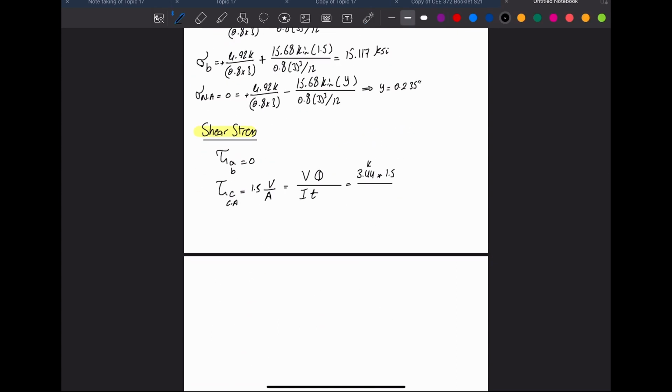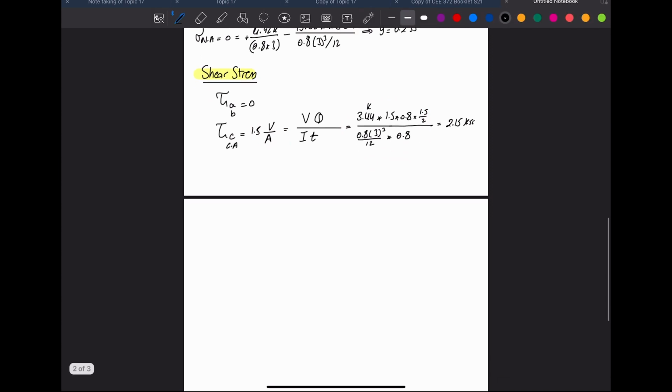That's over the inertia, which is 0.8 times 1.5 cubed over 12, times the thickness, which is 0.8 inches. You are going to get 2.15 ksi. So you can use this or use the 1.5 V over area.